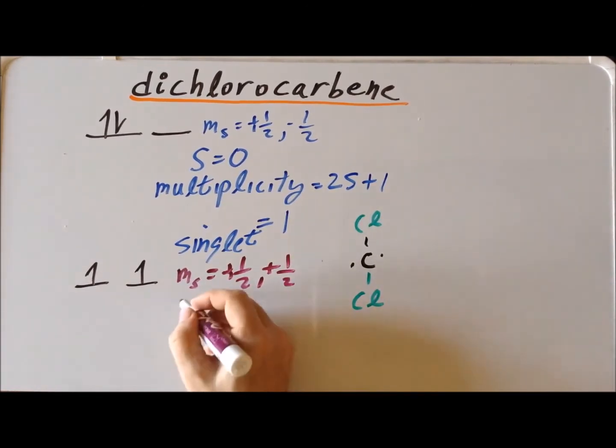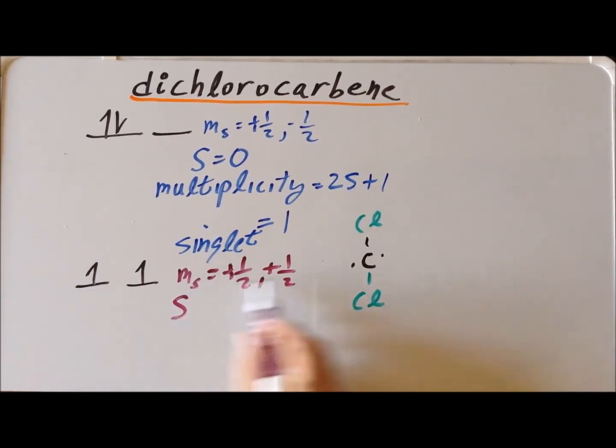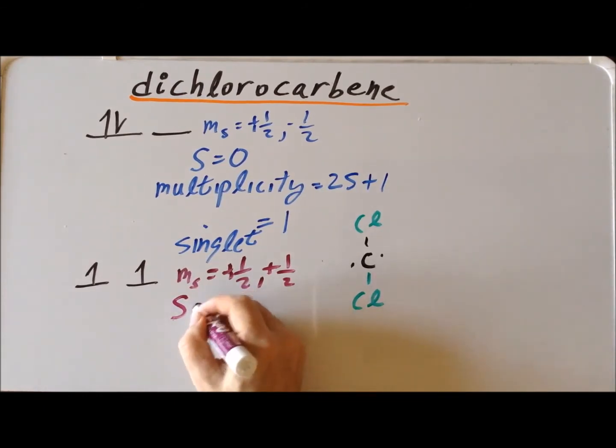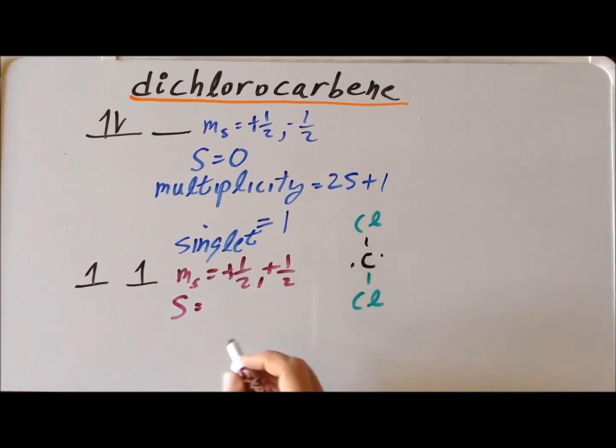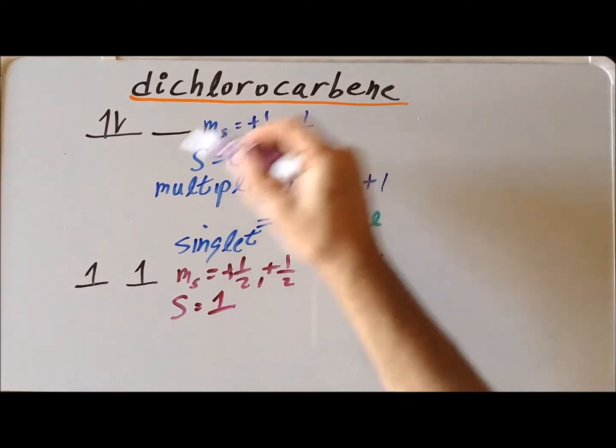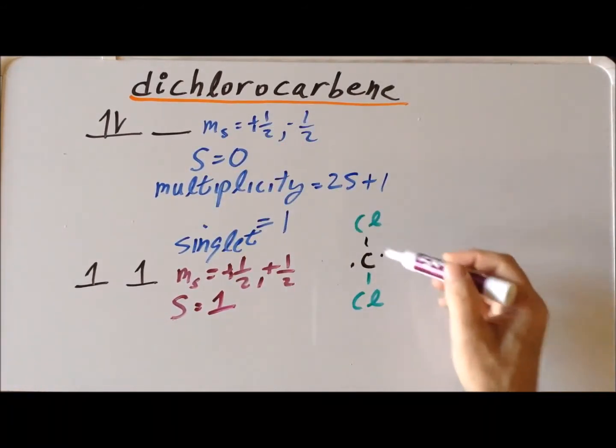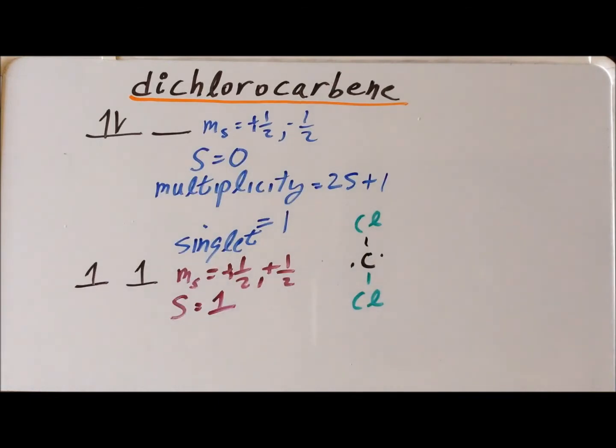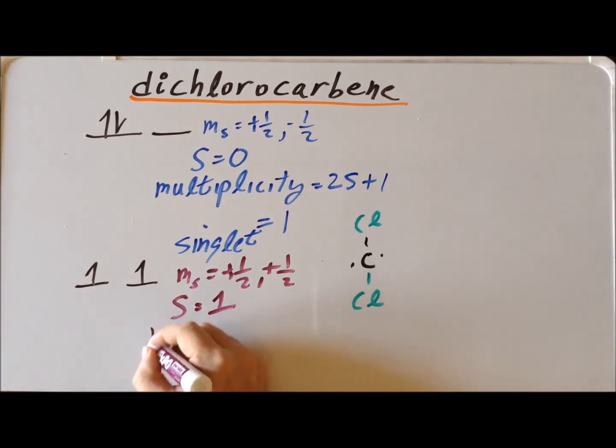So this gives us a total spin, capital S. We add up the m sub s values, and 1/2 plus 1/2 is equal to plus 1. So in one situation where both electrons are in the same orbital, the total spin S is equal to 0. When they are in different orbitals, the total spin S is equal to plus 1. So what is the multiplicity in this case?